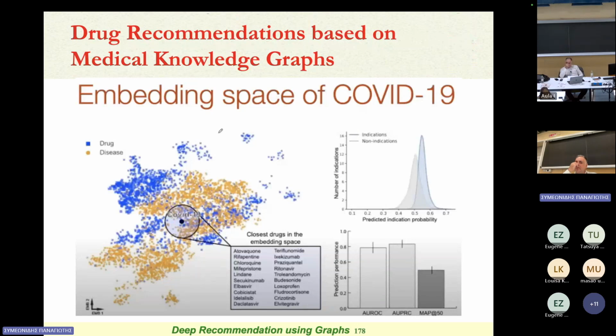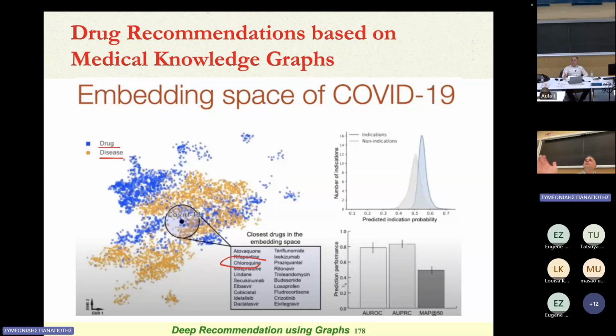In this embedding space of COVID-19, they have the drugs, they have the diseases, and we have the drugs which could be used for this disease. And you can see that chloroquine is very close to the disease of COVID-19, etc.